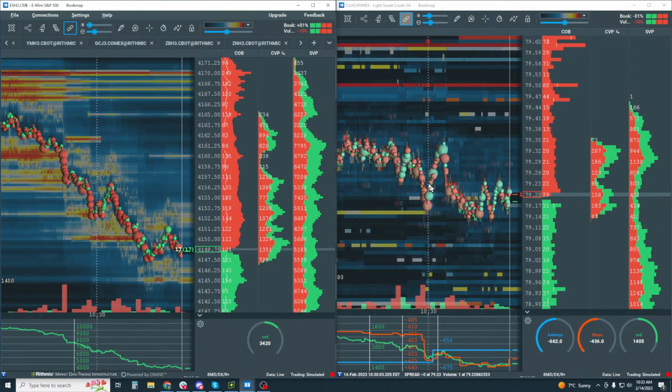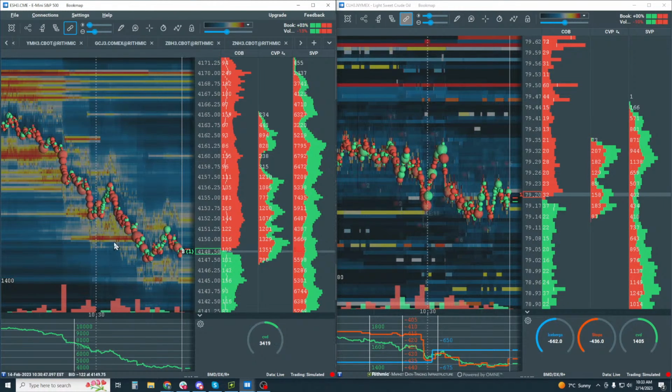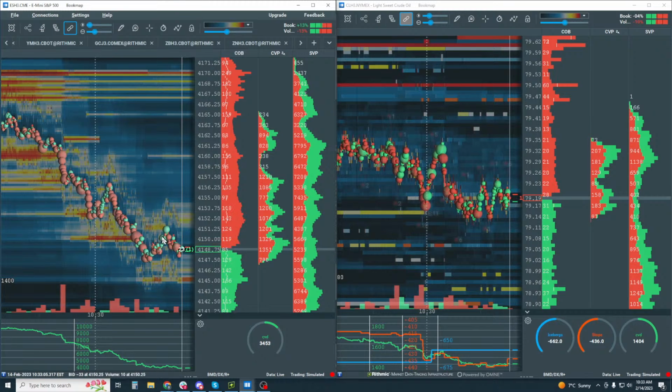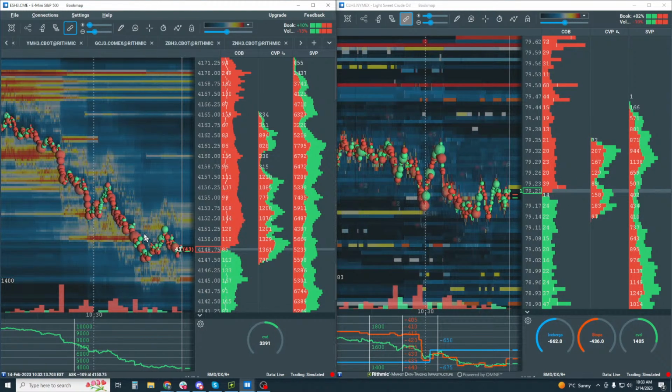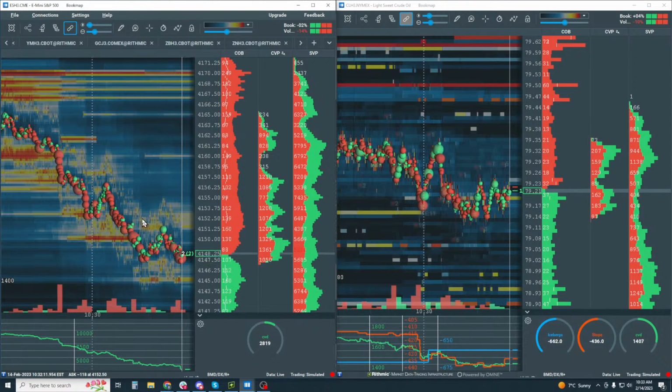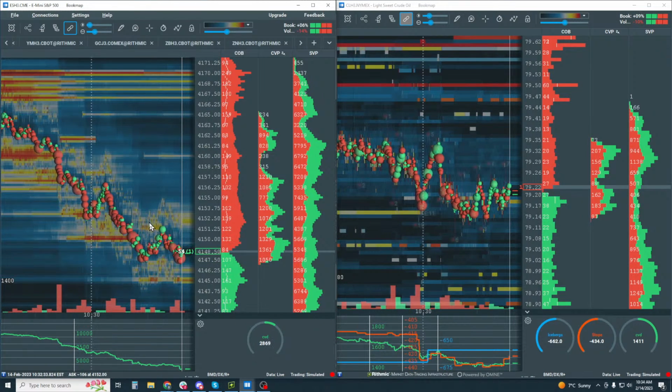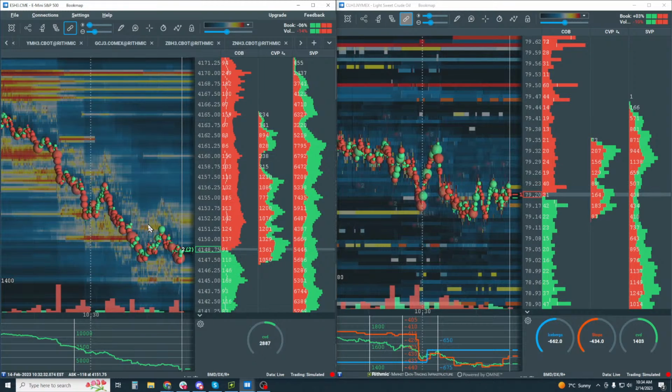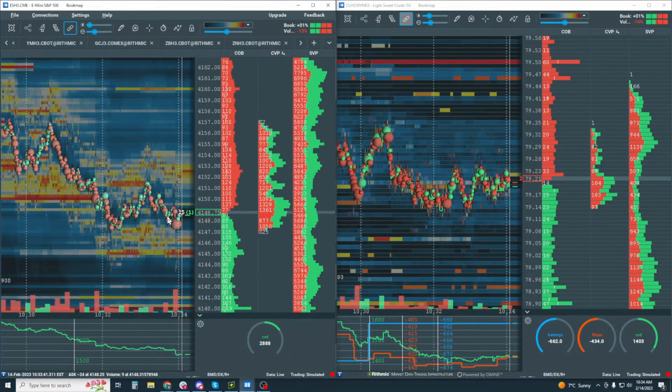Boy, it would be great if it was just: if crude does that, then the stock indexes do this. I mean, and just trade that all day long. But that's never going to happen. It's never going to be that easy ever. Well, not ever. Every now and then it will be.